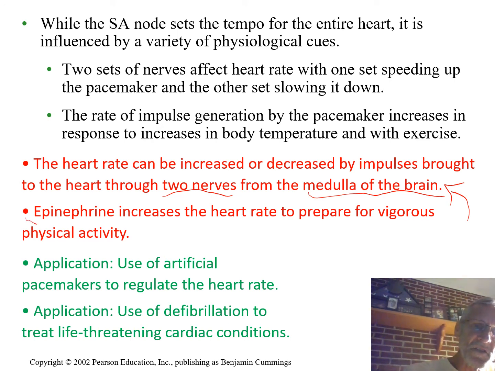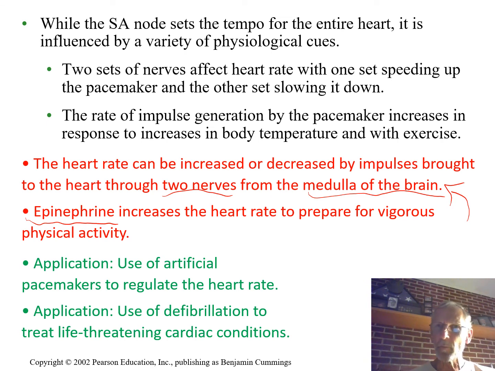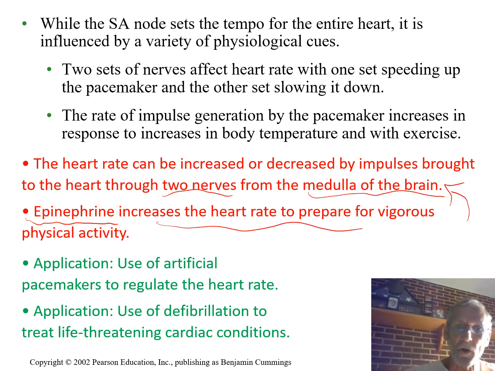And this stuff now is what we also call adrenaline. And since they use the English version, I think this is the British version, epinephrine, that means they're going to use that on the test, okay? And you already know that what that's going to do for heart rate is increase it. This is part of the fight or flight response, as it's called.